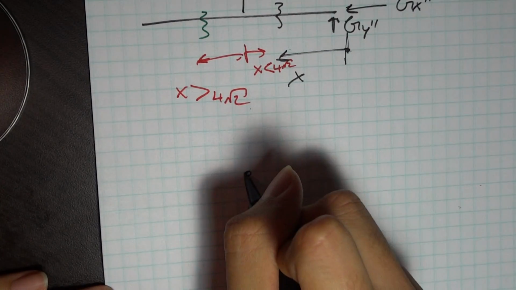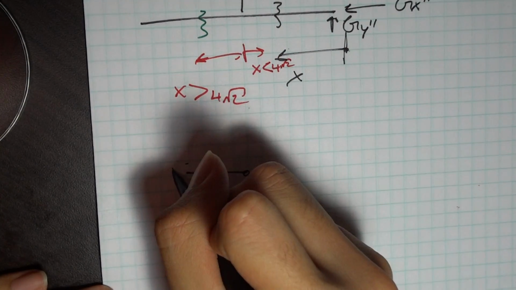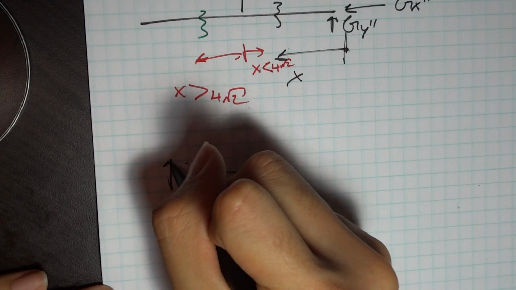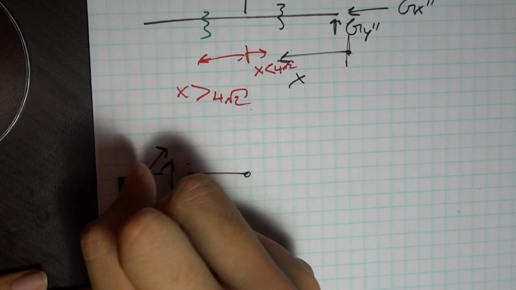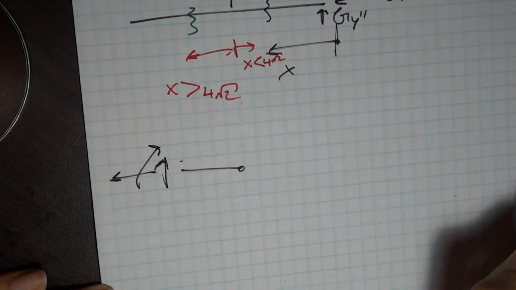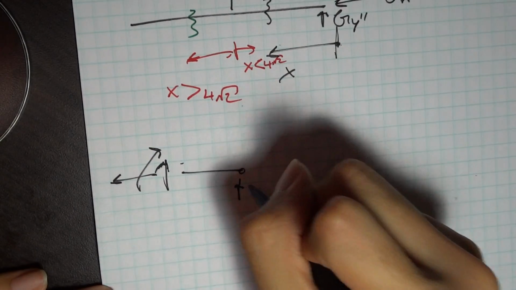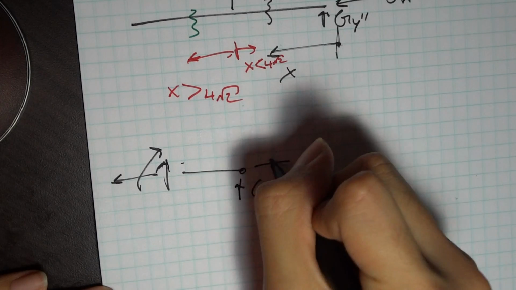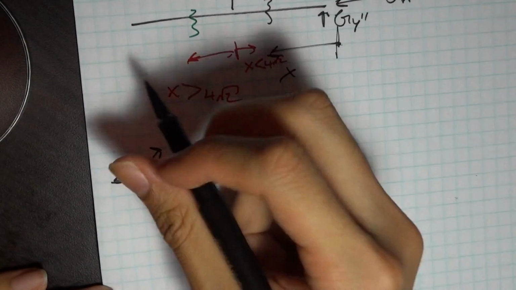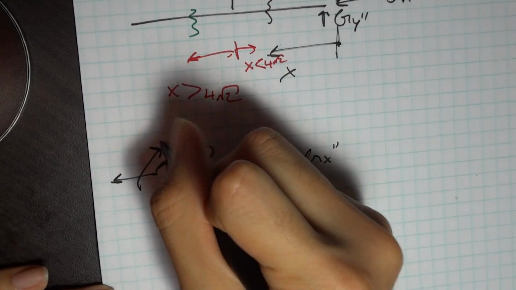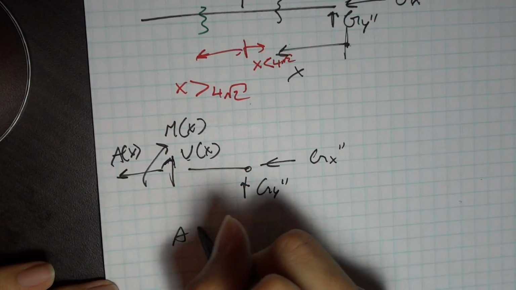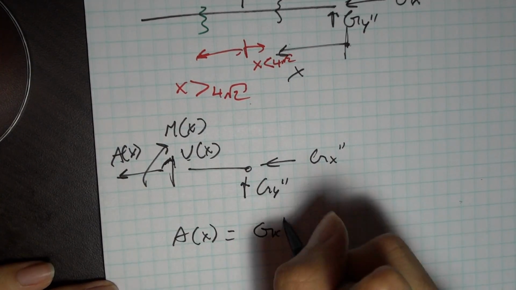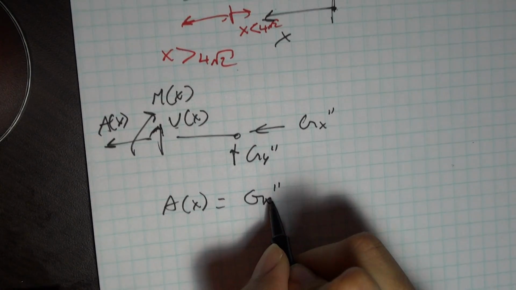The first cut, I have shear, moment, and axial. This is my V of x, M of x, A of x. A of x will be equal to Gx prime. Note that there's no function of x here.